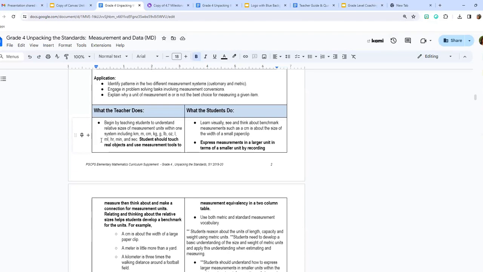Liter, milliliter, talking about liquid measurement, hours, minutes, and seconds, time, okay? Students should touch real objects and use measurement tools to measure, then think about and make a connection for measurement units. Relating and thinking about the relative sizes helps students develop a benchmark for the units.